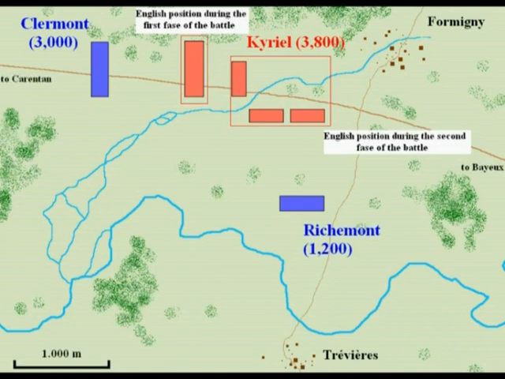There weren't many options on what to do if you are in such strong numerical inferiority, which is also relative because the accounts are never quite precise or agreeing with each other. But the idea is that you have to defend strongly, and in order to defend, you have to dismount your men-at-arms, to entrench in some way, and to hope for the best.